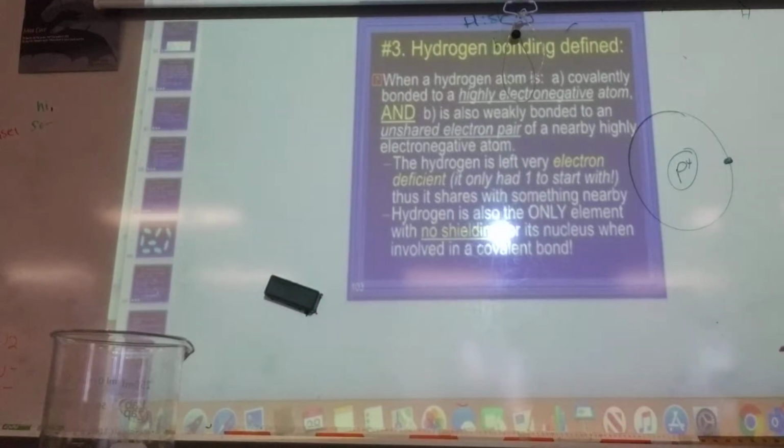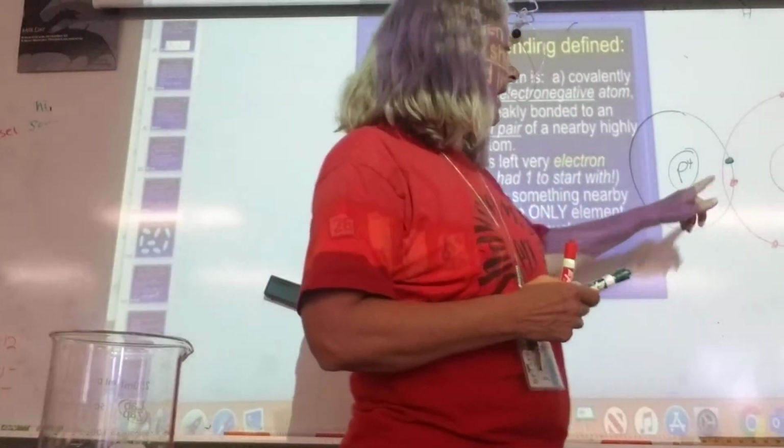Hydrogen is the only one that'll be isoelectronic with helium. So if I combine hydrogen with fluorine, fluorine has 1, 2, 3, 4, 5, 6, 7 electrons, and that shared pair of electrons will be right here.